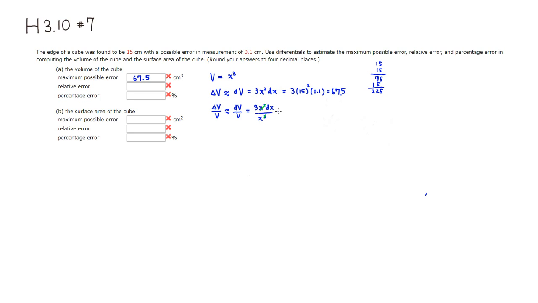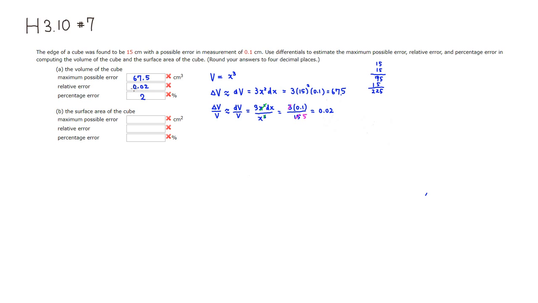So this is going to be 3 on top, and dx is 0.1, divided by x, which is 15. So 3 and 15 cancel out to 5. 1 over 5 is 0.2, and times 0.1 is 0.02, which is 2%.